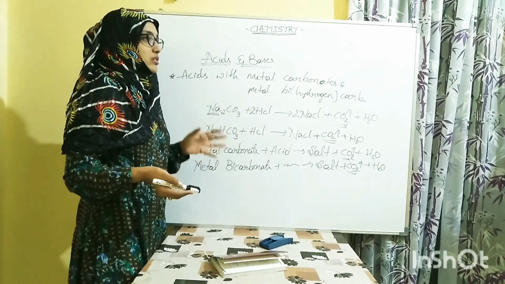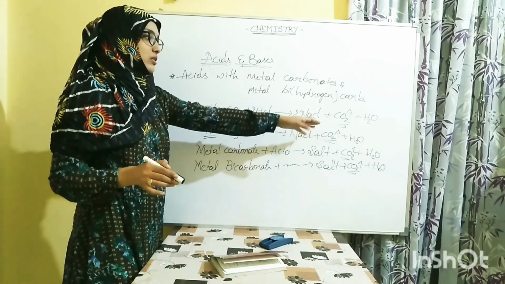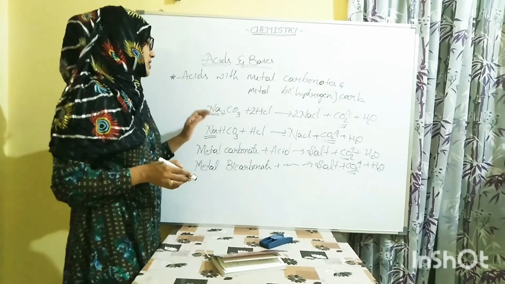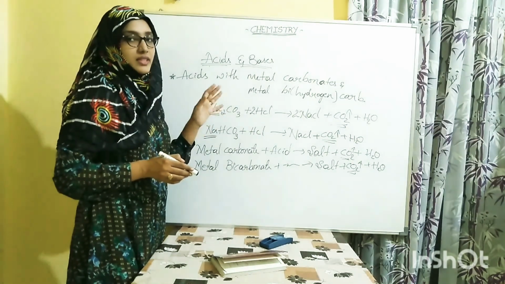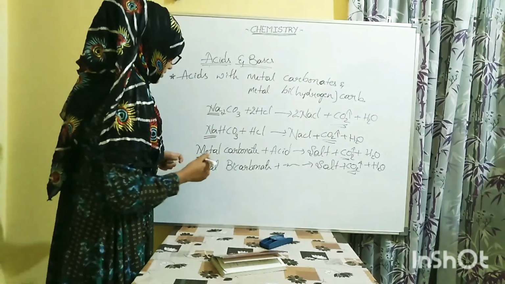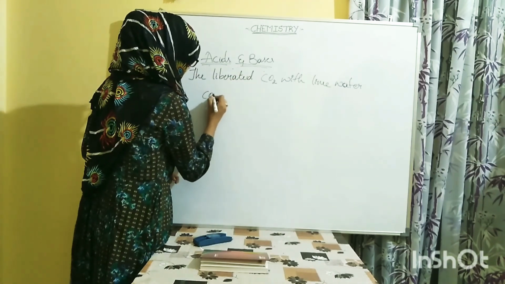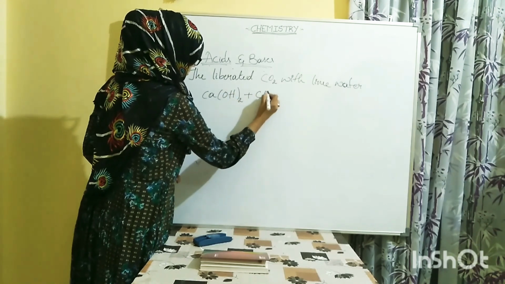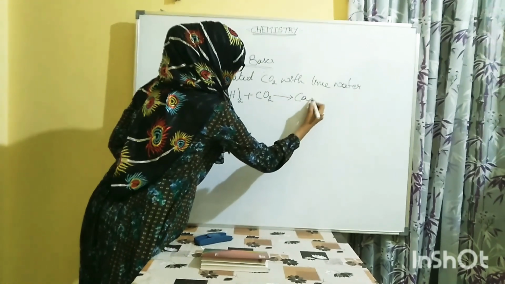You see, the lime water is transparent, but when it is treated with carbon dioxide, it converts into a white precipitate. That shows that when metal carbonates react with acid, they liberate carbon dioxide. How does the reaction happen? Lime water is Ca(OH)2 plus CO2. What do we get? CaCO3.